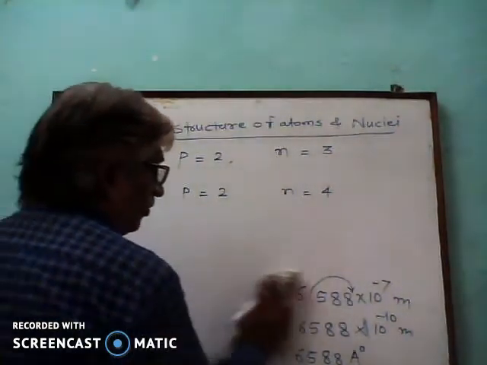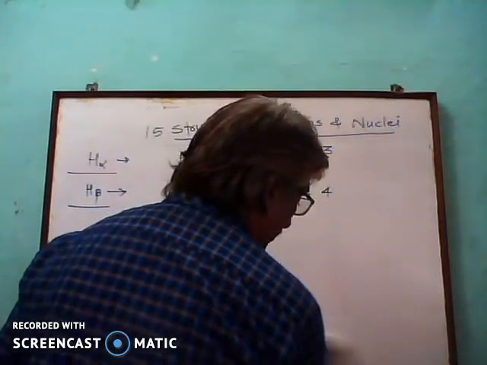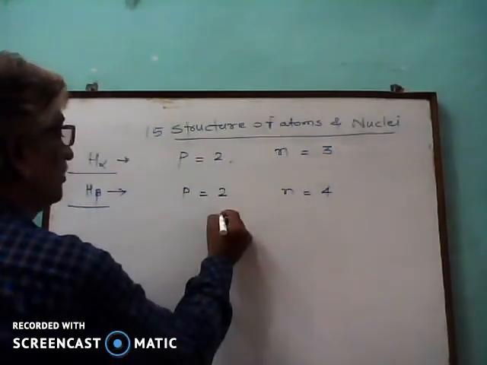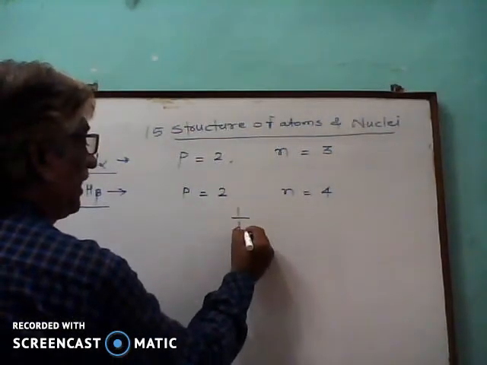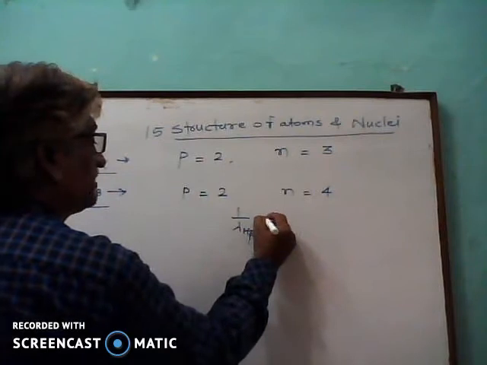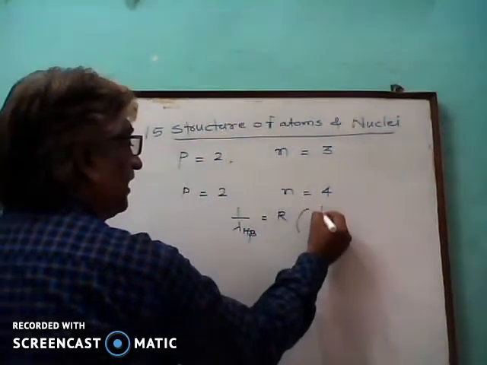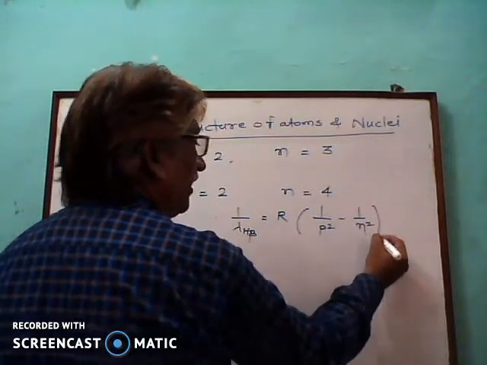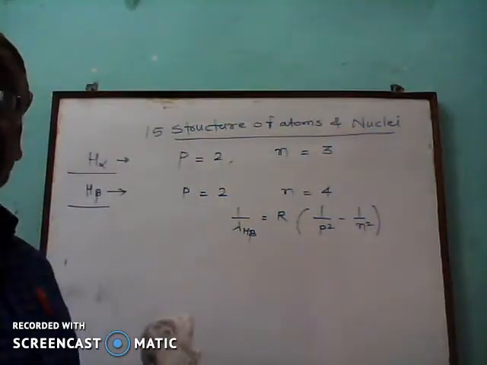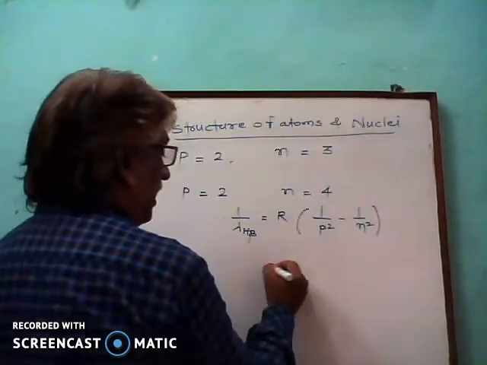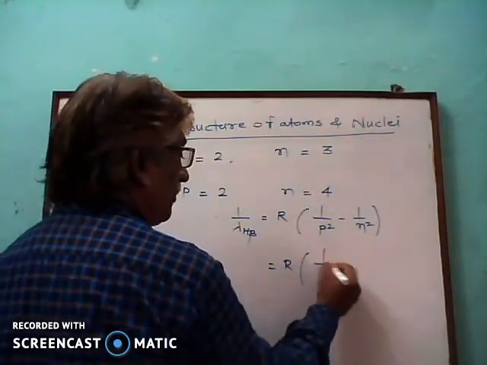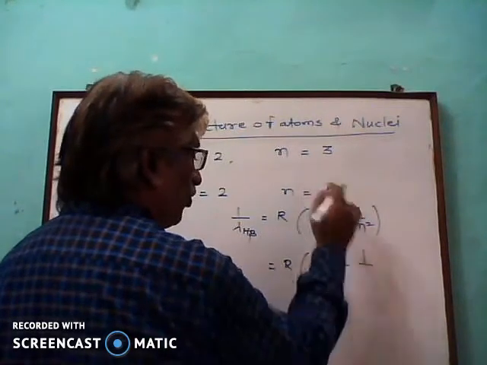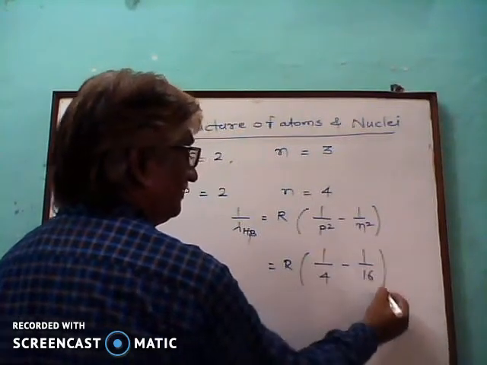So we want to find the wavelength of the H beta line by using Bohr's formula. Therefore, 1 upon lambda H beta is equal to capital R in bracket 1 upon p square minus 1 upon n square. If we substitute p and n, what happens here? R in bracket 1 upon 2 square, that is 4, minus 1 upon 4 square, that is 16.